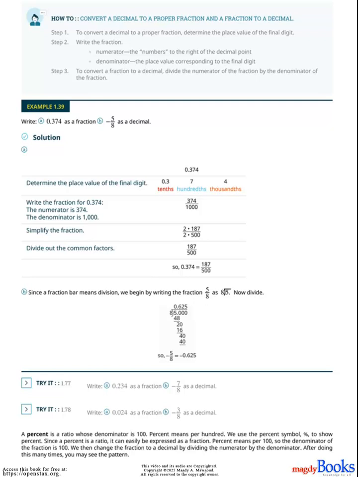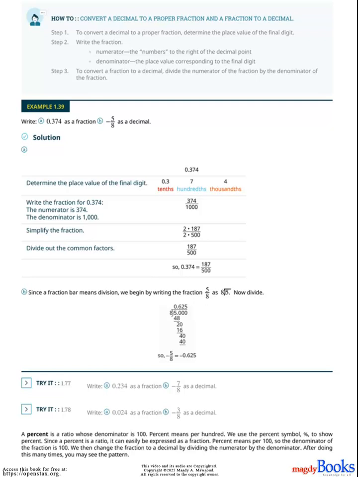Example 1.39. Write A. 0.374 as a fraction. B. -5/8 as a decimal. Solution. A. 0.374. Determine the place value of the final digit. 3 is tenths. 7 is hundredths. 4 is thousandths. Write the fraction for 0.374.